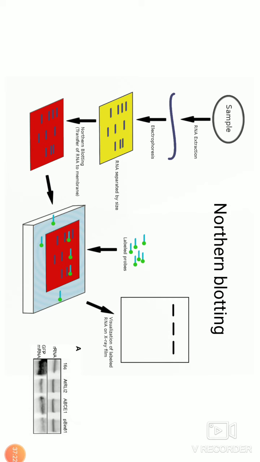Since RNA is very sensitive to degradation, if you have to run a simple agarose gel, the environment in the lab should be very clean of RNases. RNases are endonucleases which can break down the RNA molecule.